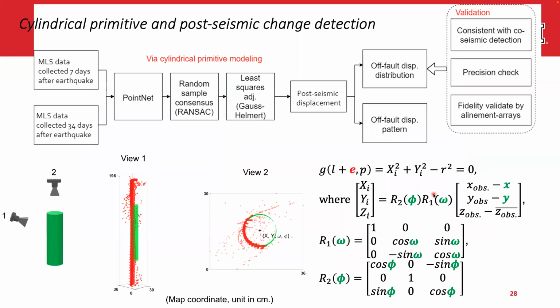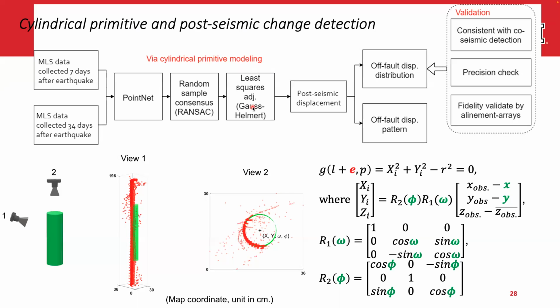So the first model was to take these two MLS data sets, one collected 7 days after the earthquake and one after 34. Then we trained a machine learning algorithm based on the PointNet description to extract the cylindrical primitives from them and used a RANSAC method to model them, simultaneous with the displacement, through a least squares adjustment.